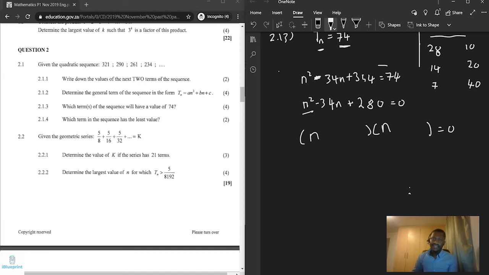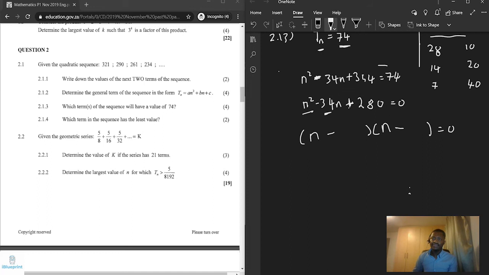But then you want factors that can add or subtract to give you 34. The sign is the same, which tells you that the signs have to be the same for these two roots, and this tells you that the signs have to be negative. So what you can choose is 20 and 14, because 20 plus 14 is 34.